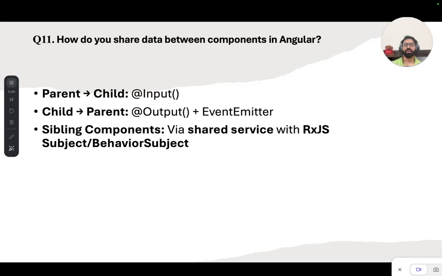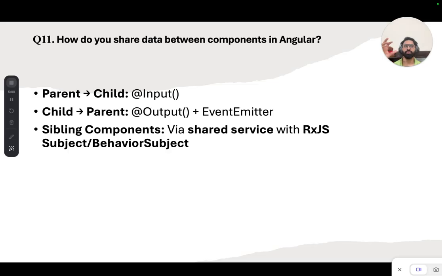So the next question was, how do you share data between components in Angular? There are multiple ways to share data between components, and this is a very important concept in Angular, and a must-ask question. Let's say you have two components, a parent and a child.